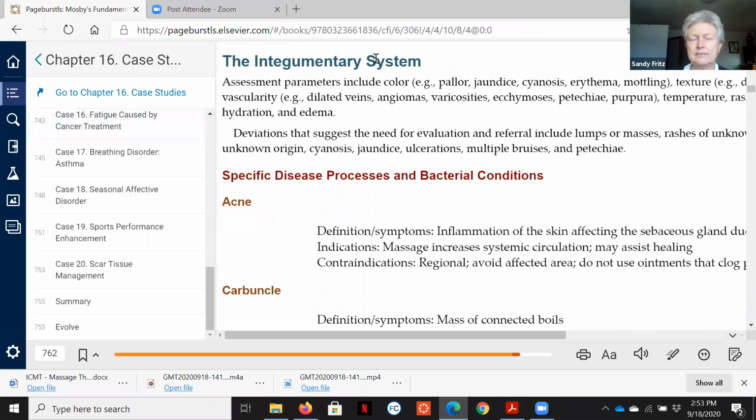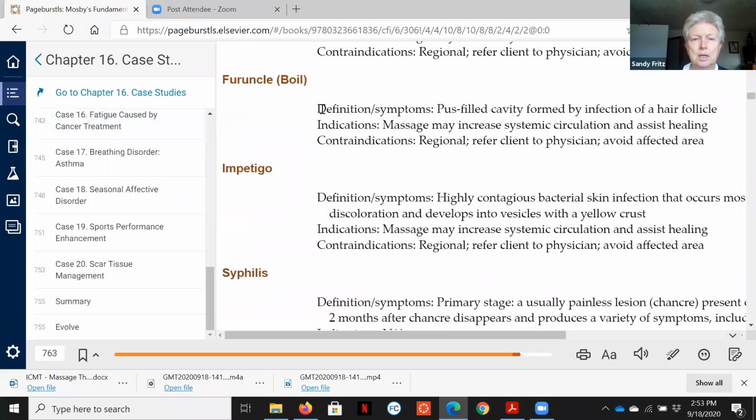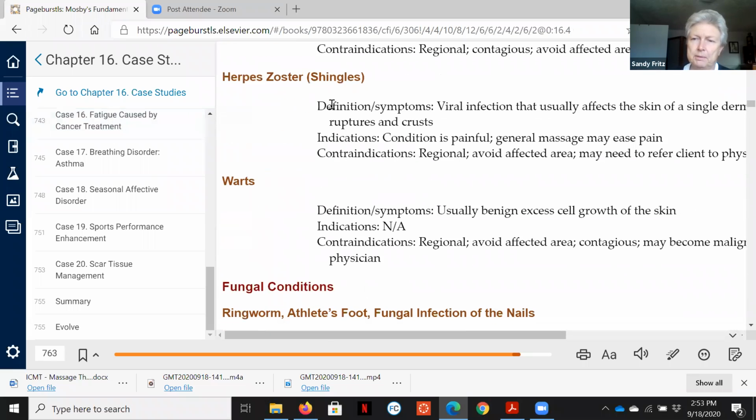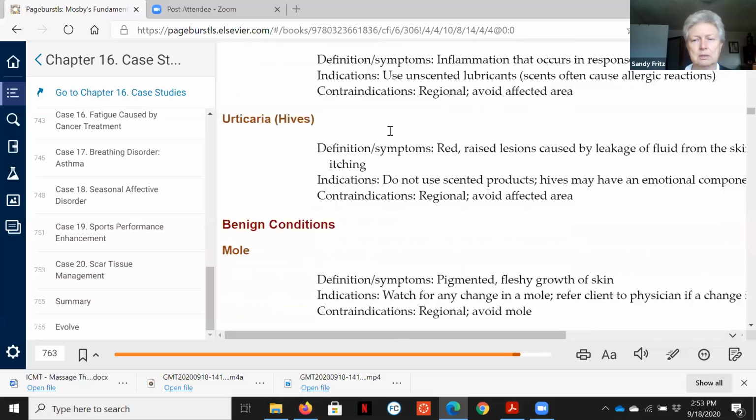And the way this is set up, the indications and contraindications are by body system. And this compares with the pathology sections in each one of the chapters in your essential science book.